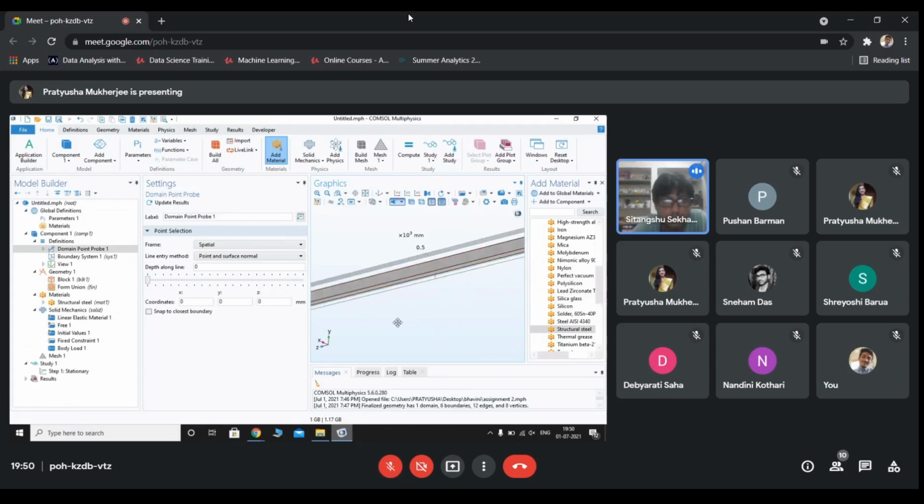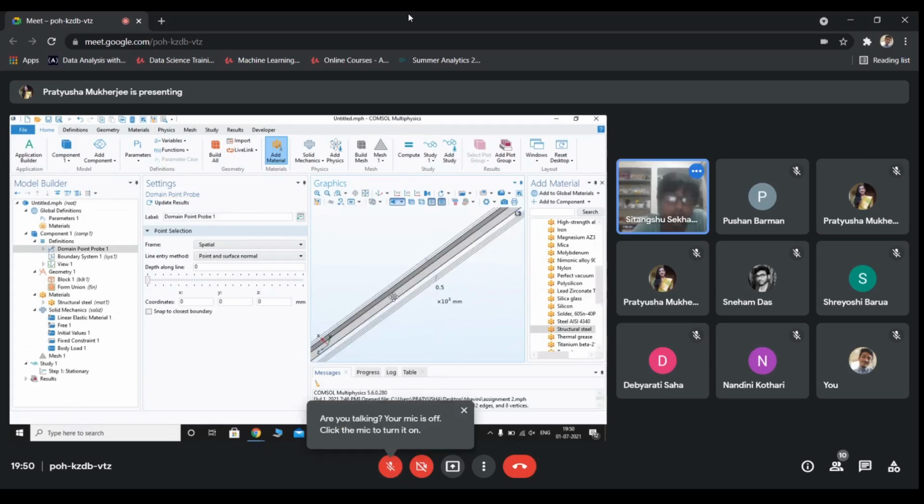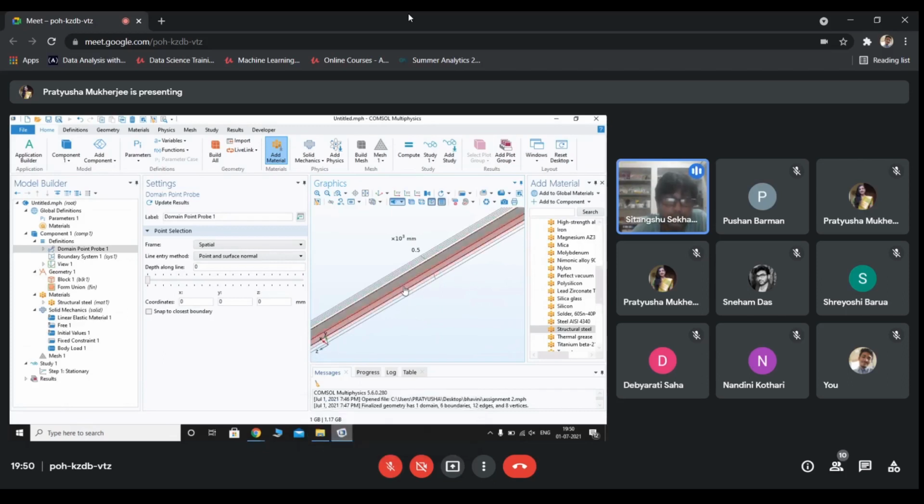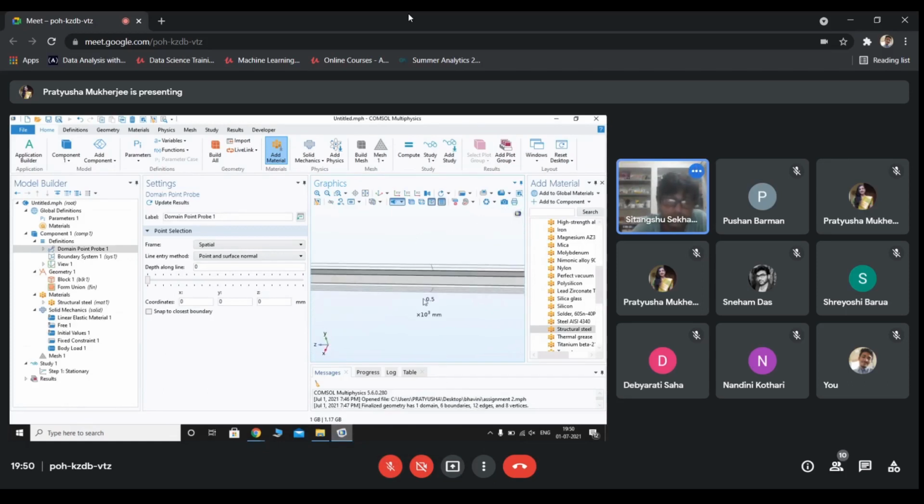Here somewhere you select a point, and then change the coordinates: X is exactly 10, and Z is exactly 500, the exact middle.